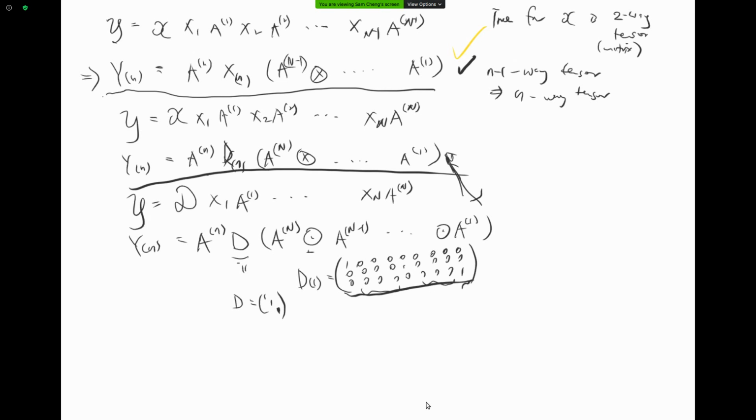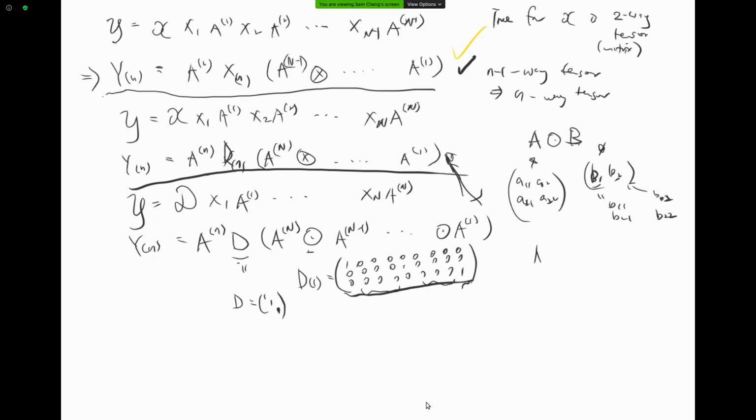So if I have A Khatri-Rao B, let's say A is equal to A11, A21, A12, A22, just 4 elements, make it simple. And let's say B is also 4 elements, with 2 columns: B1 equal to B11, B21, and B2 equal to B12, B22.